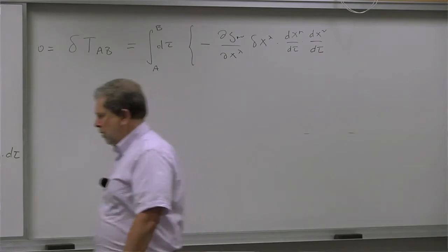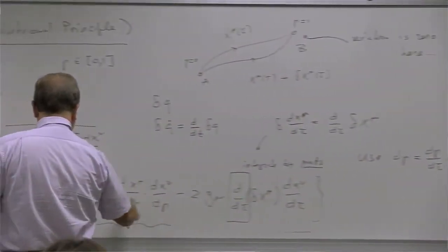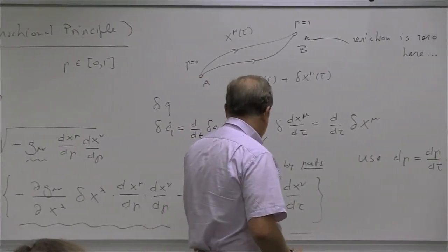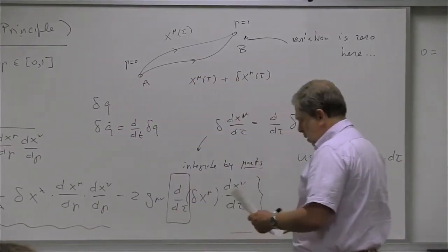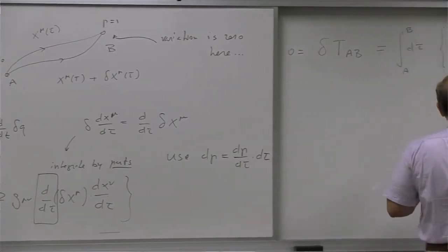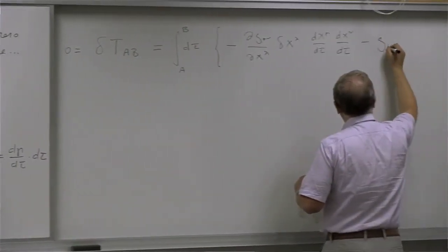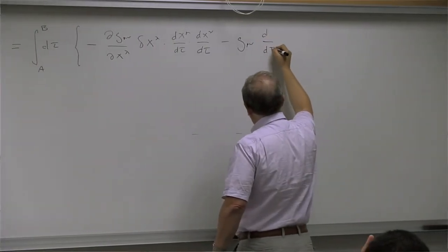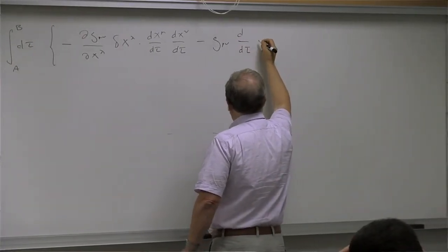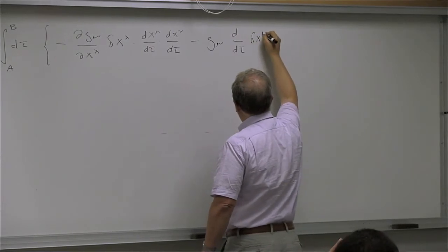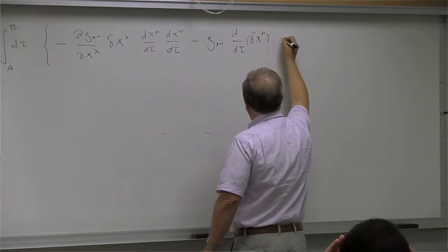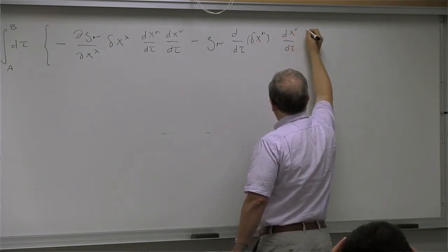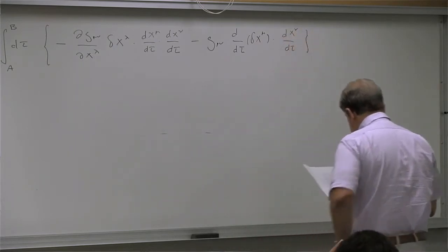So that is just this first term, where we have eliminated the p and replaced it by the tau. So the next term is minus g mu nu times the derivative with respect to tau of dx mu, and then times dx nu by d tau, and then close parenthesis, right?